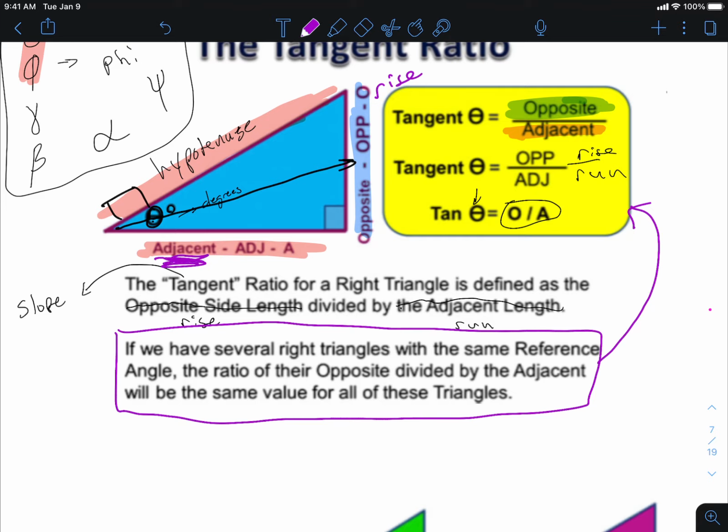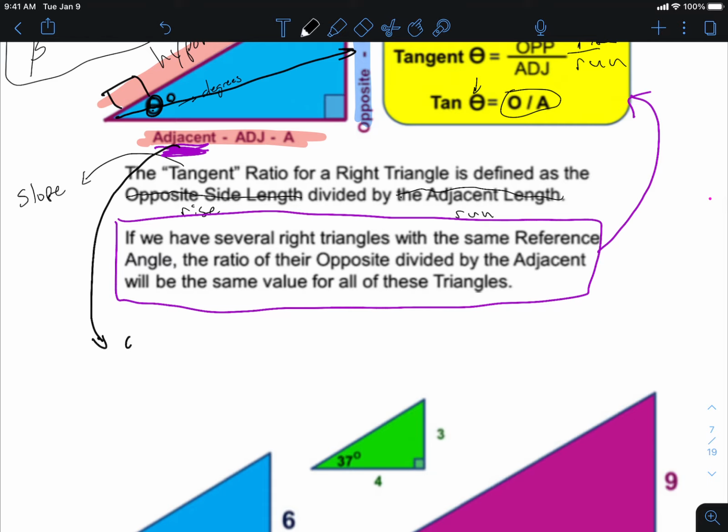Does anybody have a definition of the word adjacent? Do we have any idea what that might be? You could go into Google and type it in, and I'm sure it would give you some other words. Opposite is always opposite, right? Opposite is going to be like you're directly across.